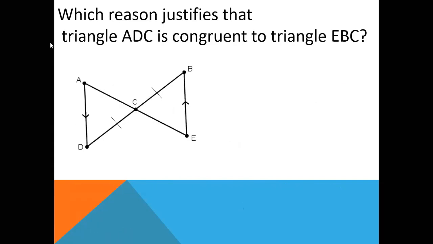All right, this question. Which reason justifies that triangle ADC is congruent to triangle EBC? I'm going to give you this question probably 10 times over the course of the semester. This exact question.